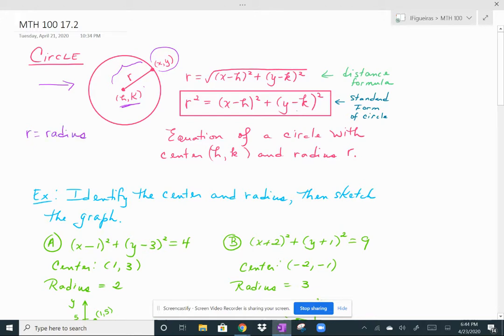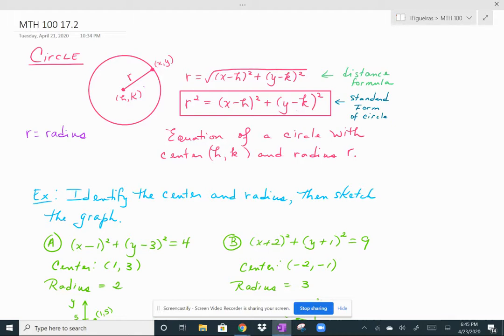Okay, so since radius is a distance, I'm going to use the distance formula to come up with the equation of the circle indicated here in this picture. So remember, your distance formula uses 2 points. The x-coordinates of the corresponding points are subtracted, and then the y-coordinates are subtracted.